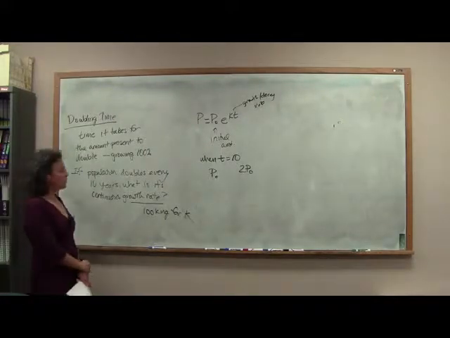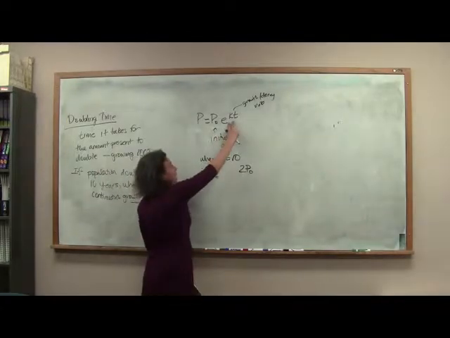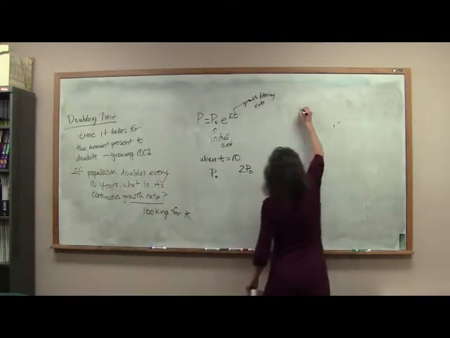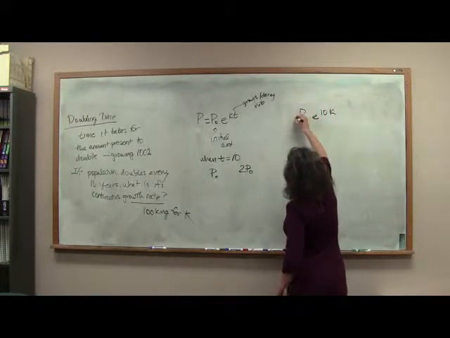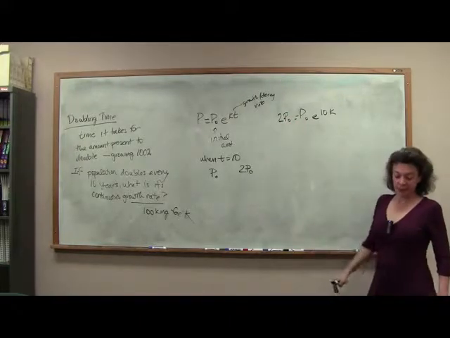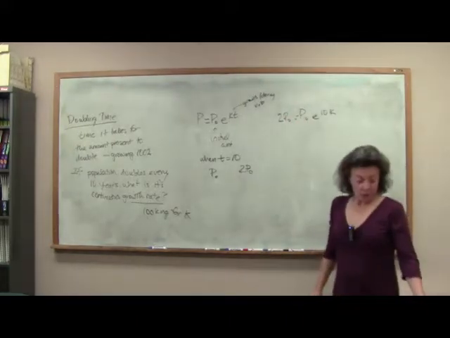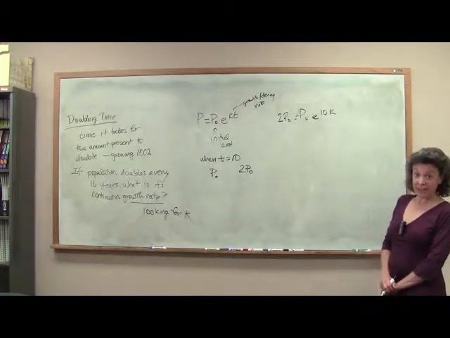Okay? So let's plug this in and see where it gets us. Again, when I plug in t equals 10, so I have P sub 0 e to the 10k, I know that my population has doubled. So, does this give us enough information to find my value of k?